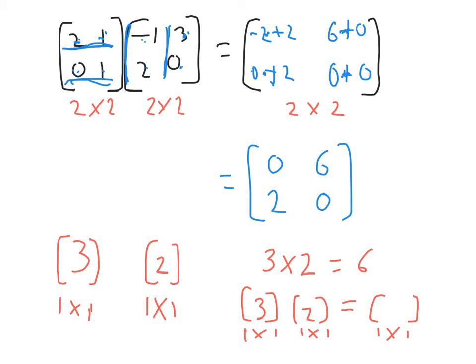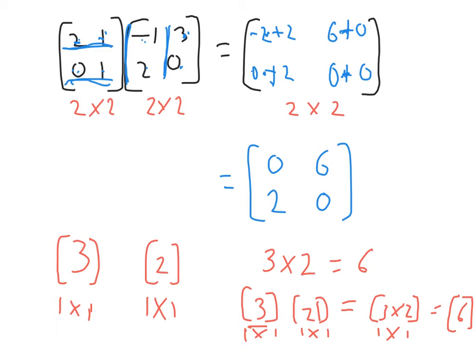And we want to take the first row and the first column, and we do 3 times 2, sorry about the sloppy writing, which is equal to the 1 by 1 matrix of 6. So in this, we can kind of see how matrices are a generalization of what we've always done.